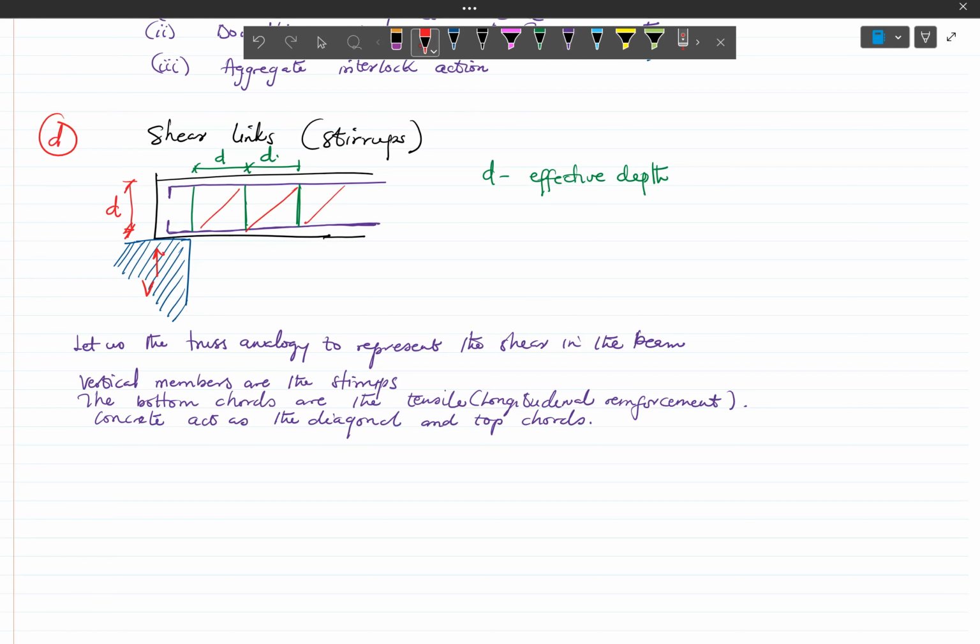And then the top chord, because it's not always that we have compression reinforcement, right? So the top portion of our truss will be governed by the concrete in compression. Remember that we mentioned that the shear can also be carried by the concrete in the compression zone. All right. So the top part here will be part of the compression zone. Okay. All right.